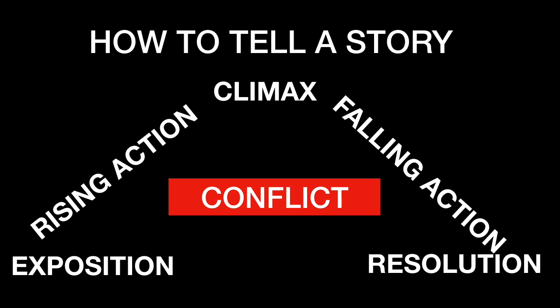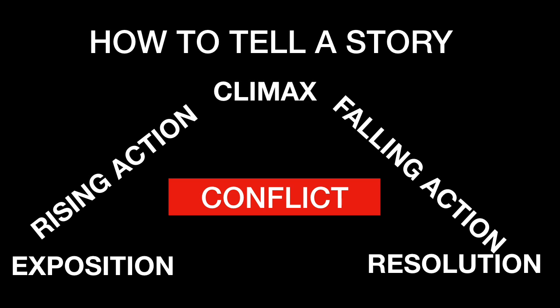Then the action, the rising action, will eventually lead to the conflict. And then you've got the falling action as the conflict is resolved, and then finally the resolution. And that's the part where everybody lived happily ever after.